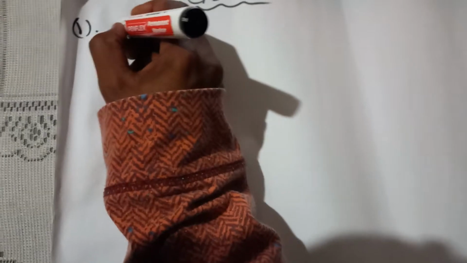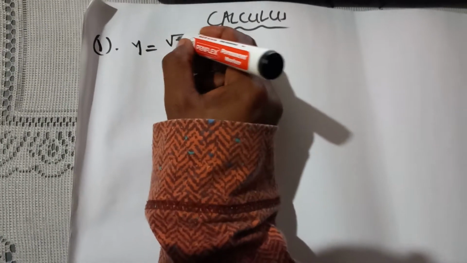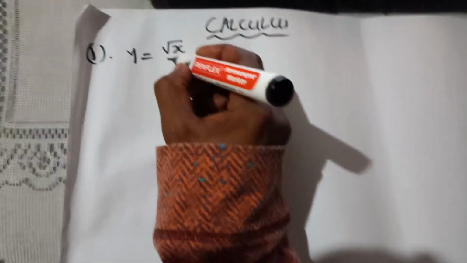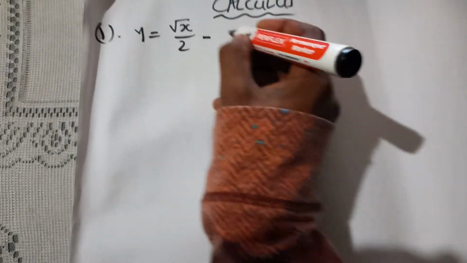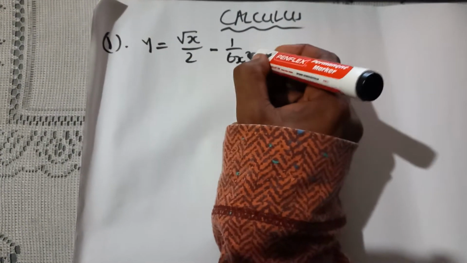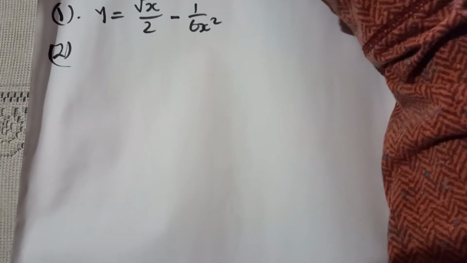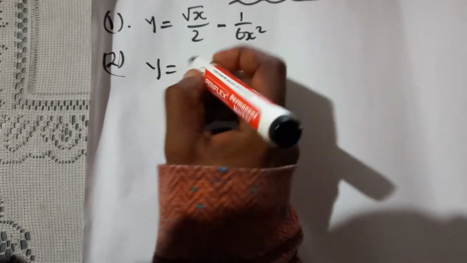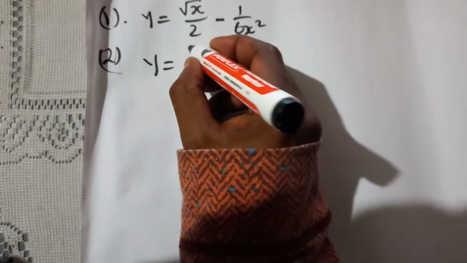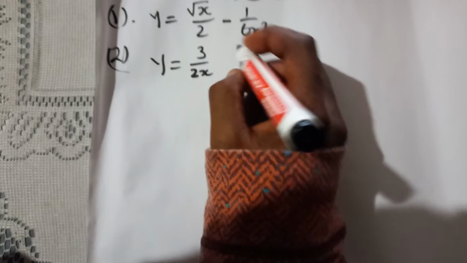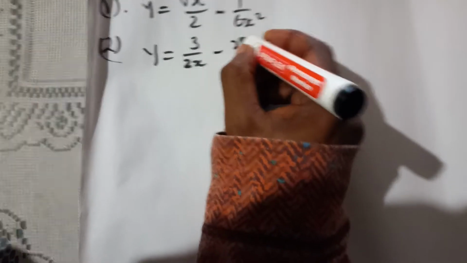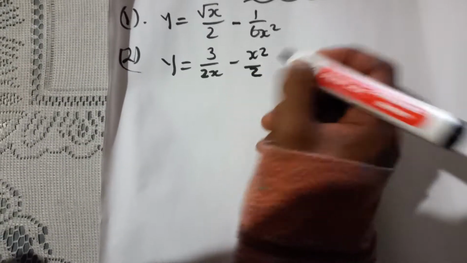They say y is equal to the square root of x all over 2 minus 1 over 6x squared. Then we have the second one that says y is equal to 3 over 2x minus x squared over 2.